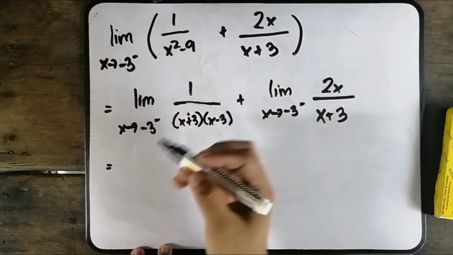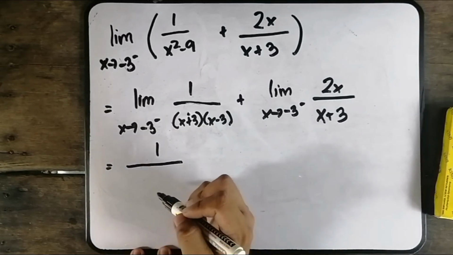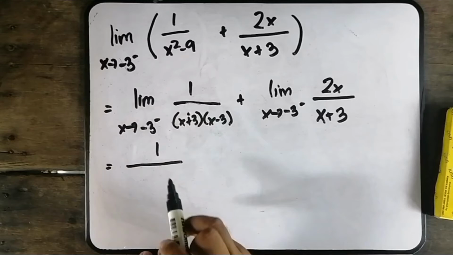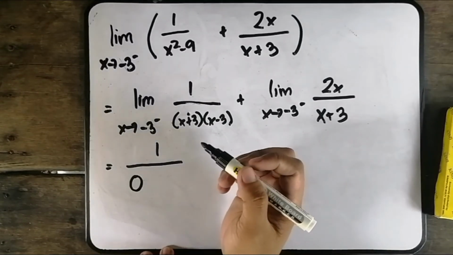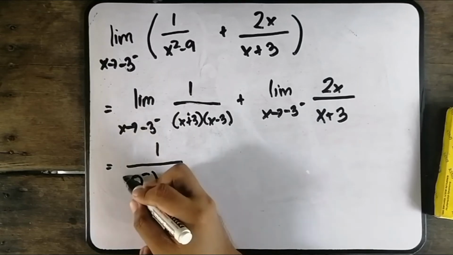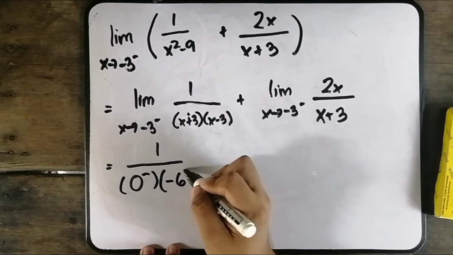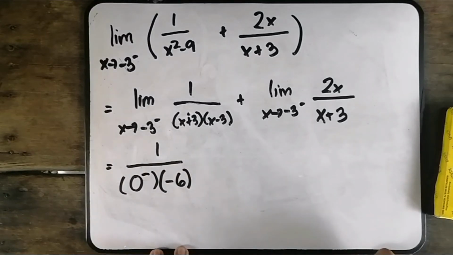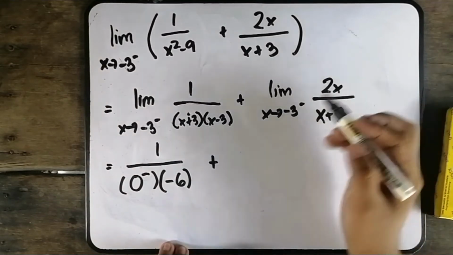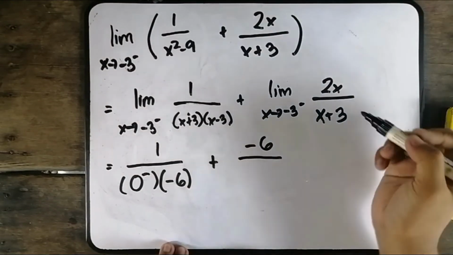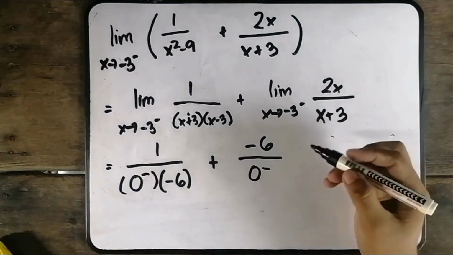So by direct substitution, we have 1 over x plus 3, that is 0. But this is 0 from the left times negative 3 minus 3 is negative 6. Plus, we have here negative 6 over, so this is 0 from the left.